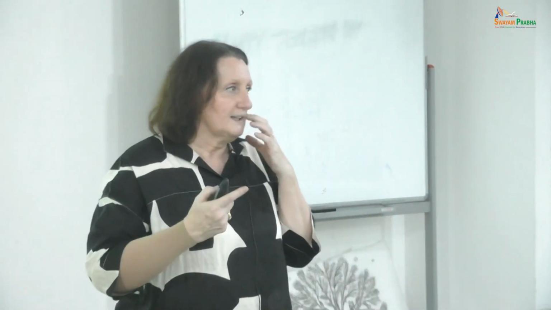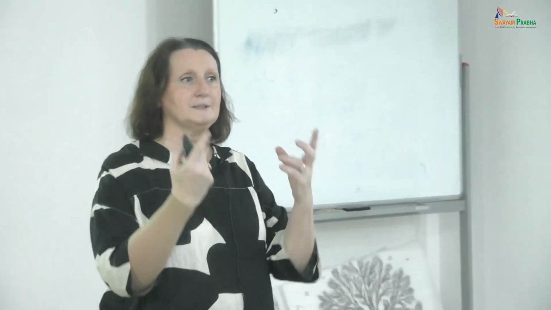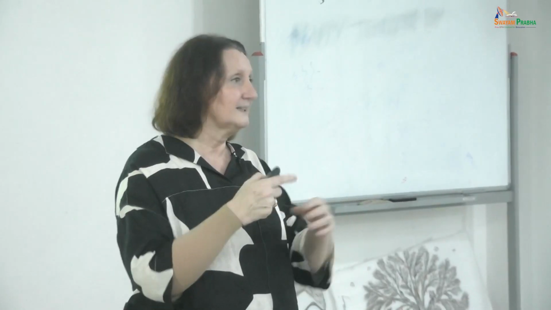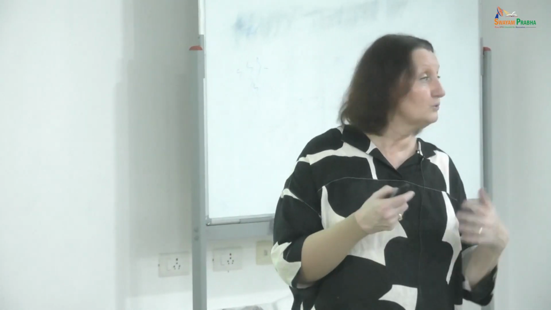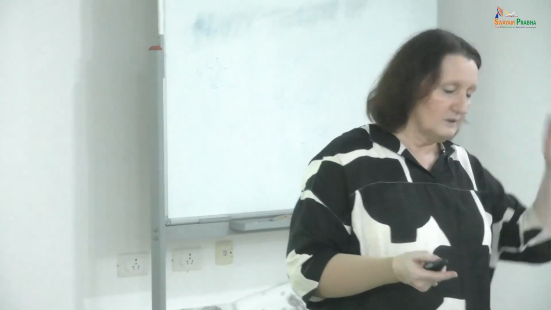We need to be sure that there is no other gene that has the similar small sequence in its whole sequence, because this way you will be able to silence not only the targeted genes but also other genes that you don't know. So it will be difficult to interpret all these results afterwards.